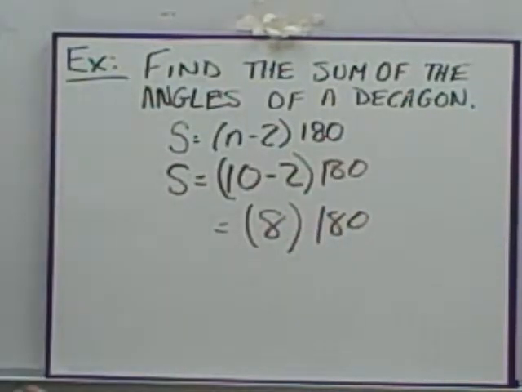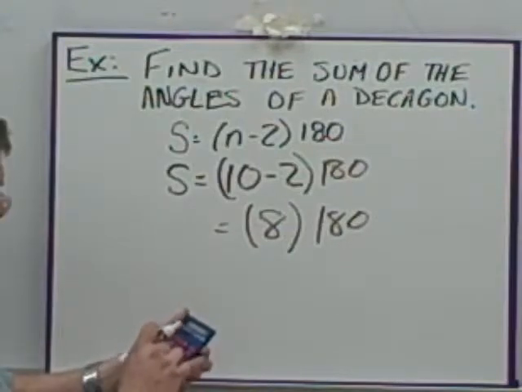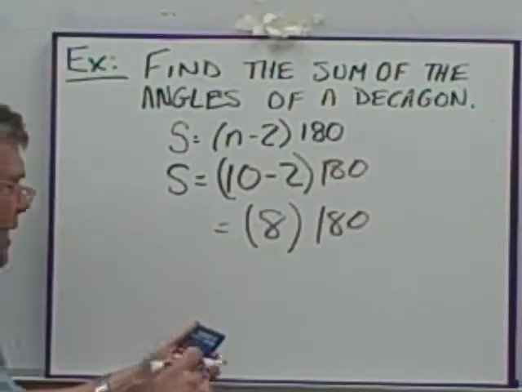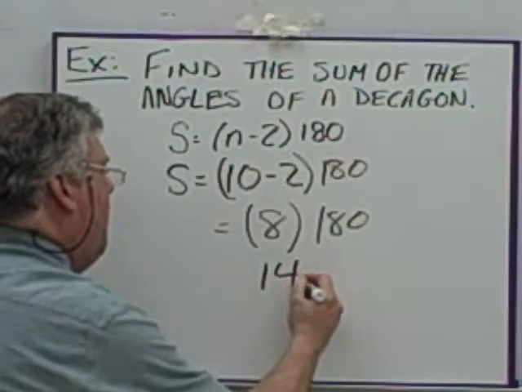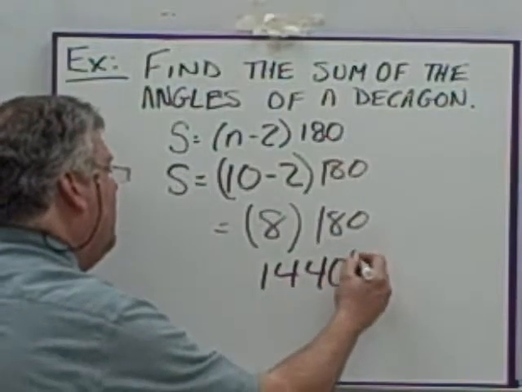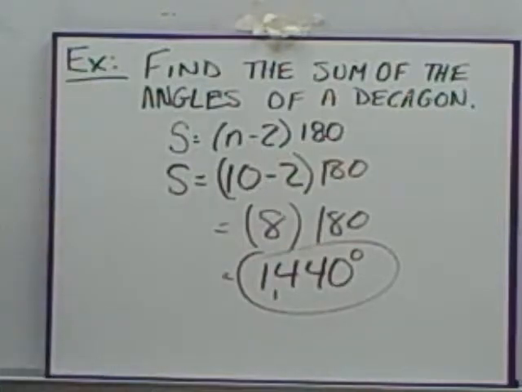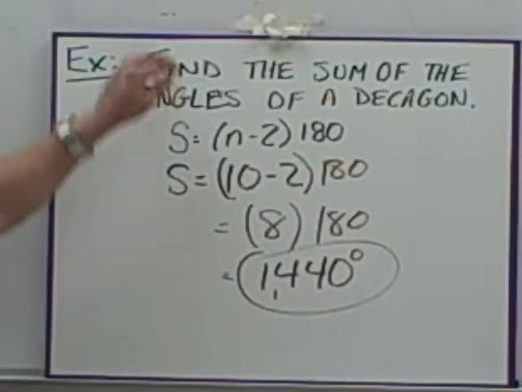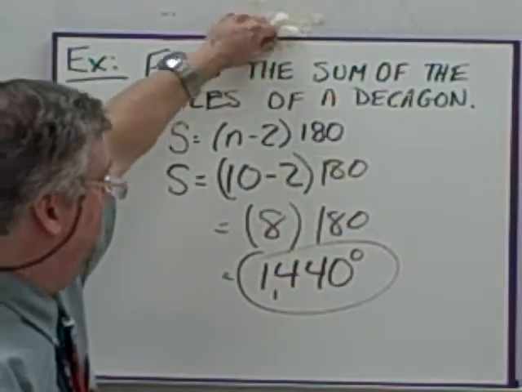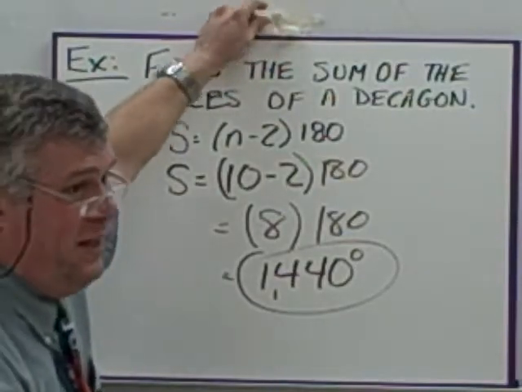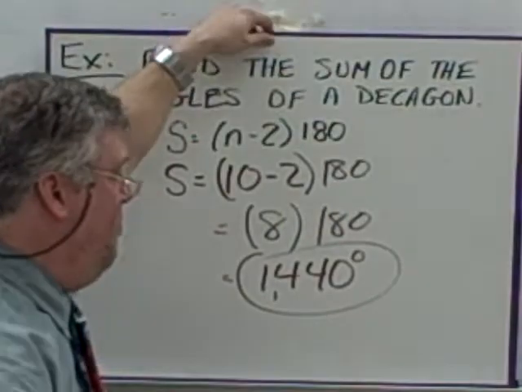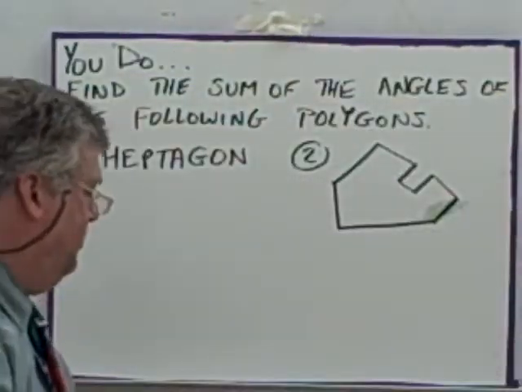And we get out our calculator and do 8 times 180, and we're going to get 1,440 degrees. That is the sum of all the angles of a decagon. Much easier than having to draw a decagon, measure all the angles, and add them up.